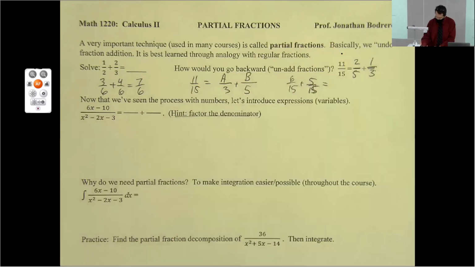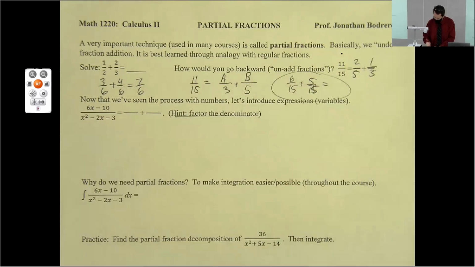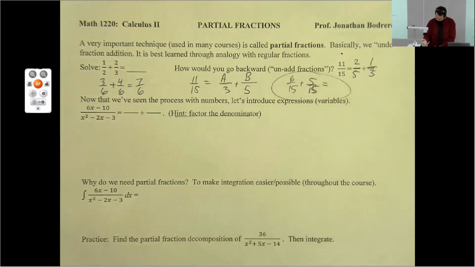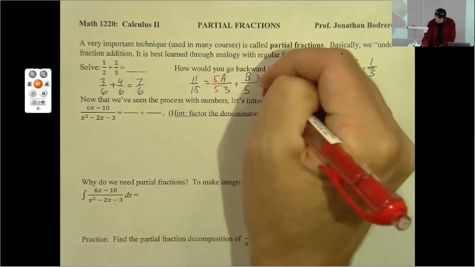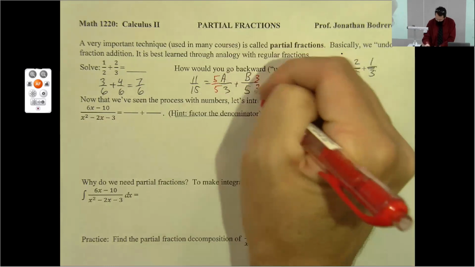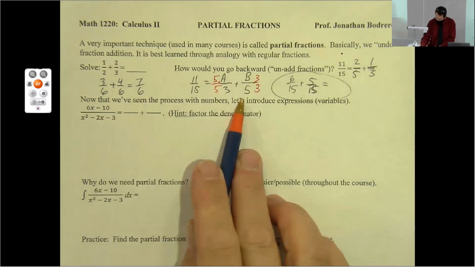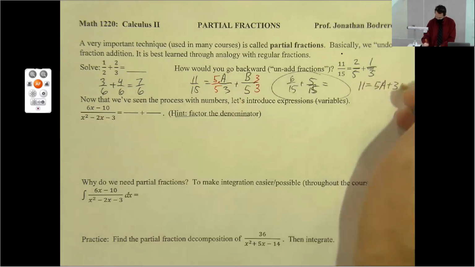Okay, so if we hadn't had Kate helping us out, we could say that we could take this guy right here and get the common denominator. Okay, we could then see that, oh, hey, check this out. So 11 would have to be 5A plus 3B, right?